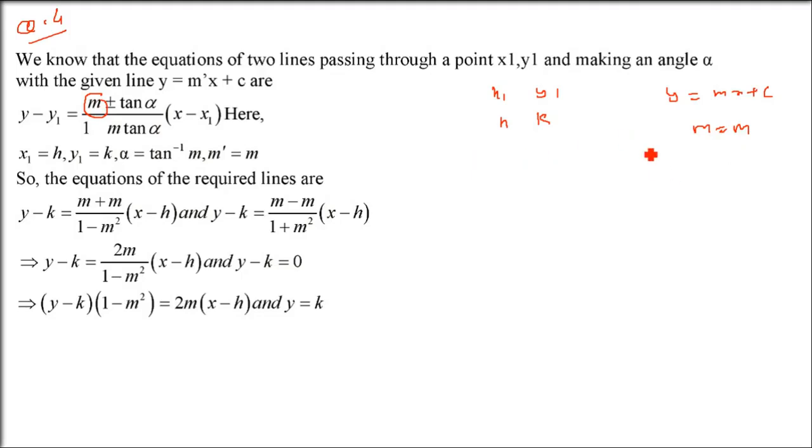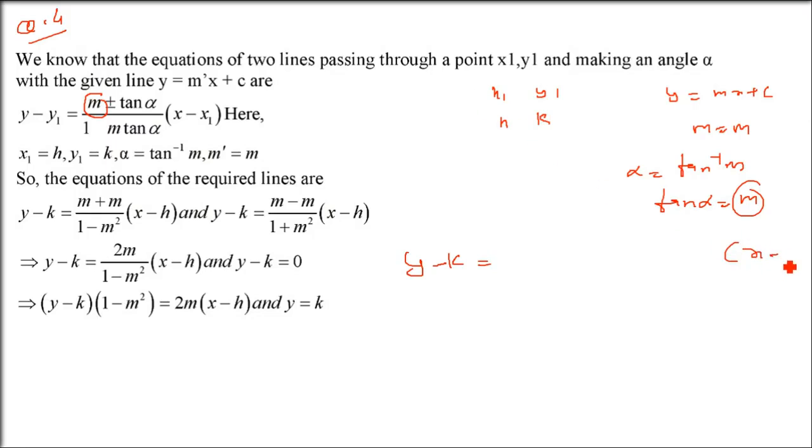And then we have the angle, and the angle is tan inverse m. So of course you have tan alpha as m. So again, in place of tan alpha also you are going to put m. In place of m, m. In place of tan alpha, m. In place of x1, h. In place of y1, k.